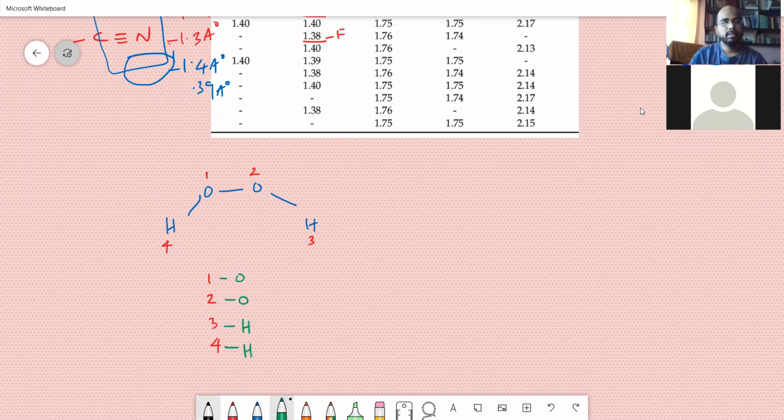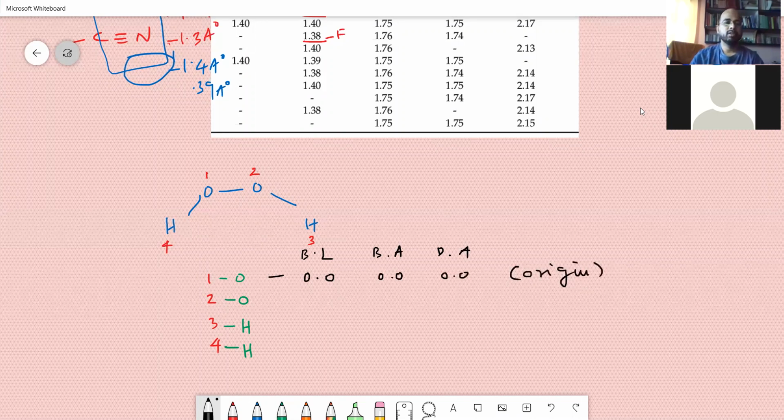What are the parameters I have to write? Bond length, bond angle, dihedral angle. This is 0.0 for all, because it is the origin, at the beginning, 0, 0.